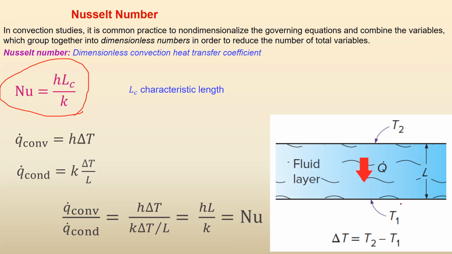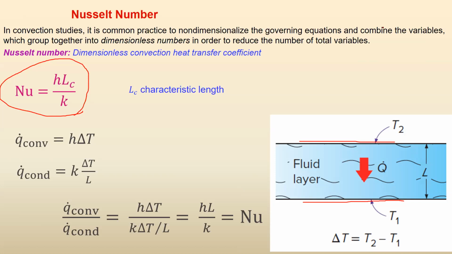So let's say you have a lower surface, an upper surface, and in between you have a fluid layer. Also there is a temperature difference. Let's say T2 is larger than T1. So there is a temperature difference, then there should be heat transfer from upper side to lower side, right?